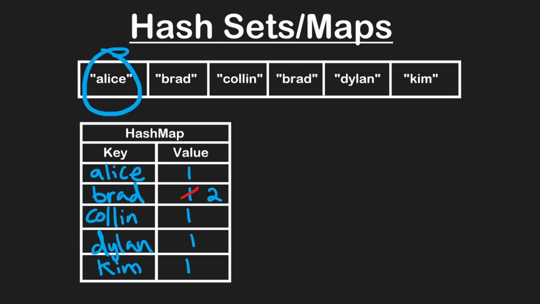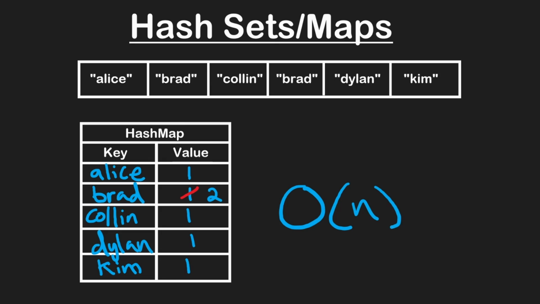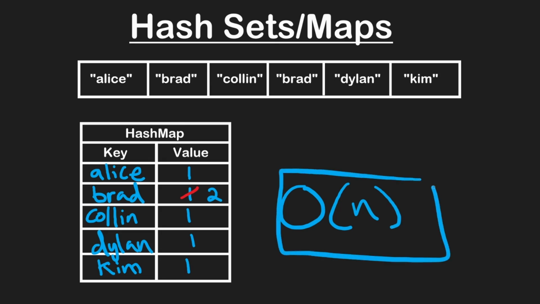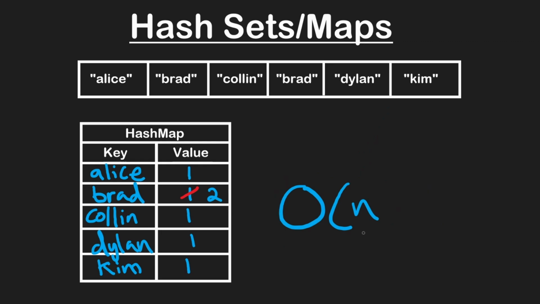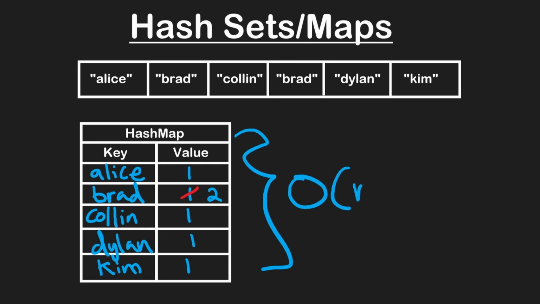Now for each position in the input array, we basically did a few O of 1 operations. So that means going through this entire array and building this data structure would be an O of n time algorithm. Also the space complexity would be O of n, because in the worst case, every single name could have been unique. That would have led the size of our hash map to be O of n.